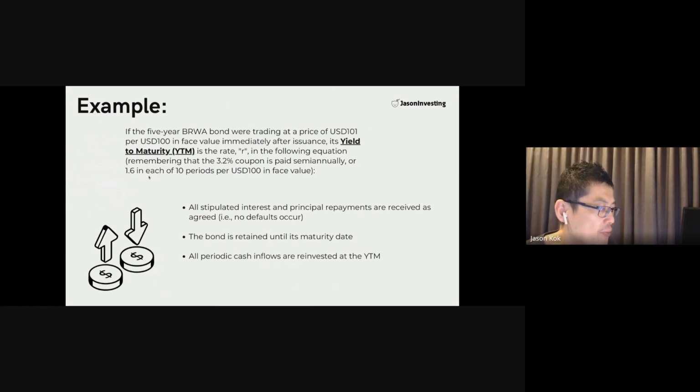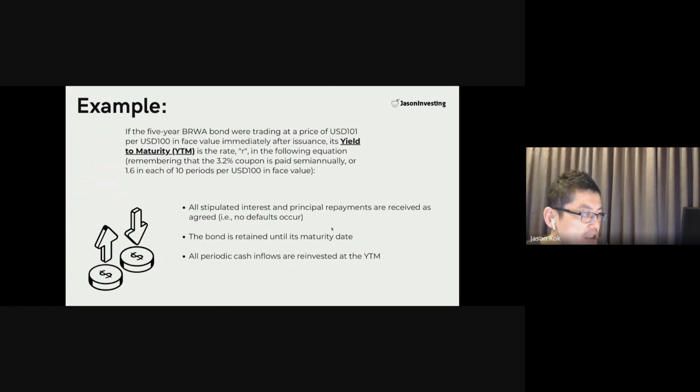So 3.2 divided by 2 is 1.6 in each of the 10 periods per USD 100 in face value. Because it's a 5-year bond paid semi-annually, you will have 10 payment periods of 1.6. It did say here it's a 5-year bond, right?